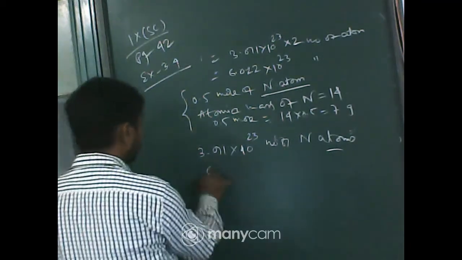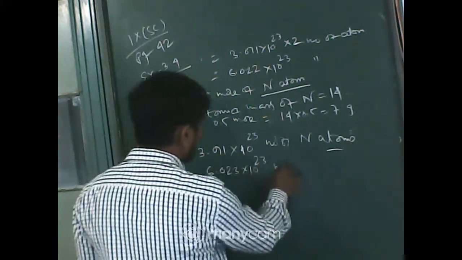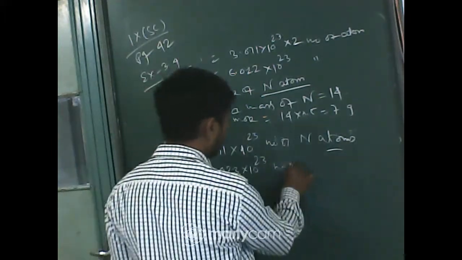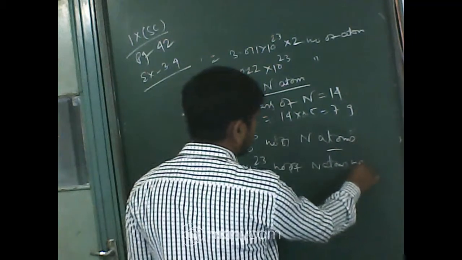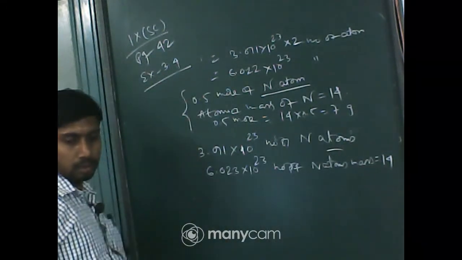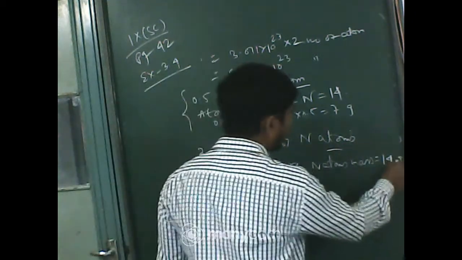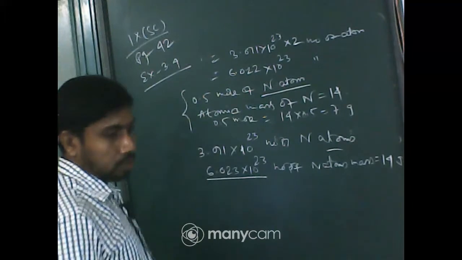Now we know that 6.023 into 10 to the power 23 number of N atoms have mass equal to 14 gram, because this is 1 mole.